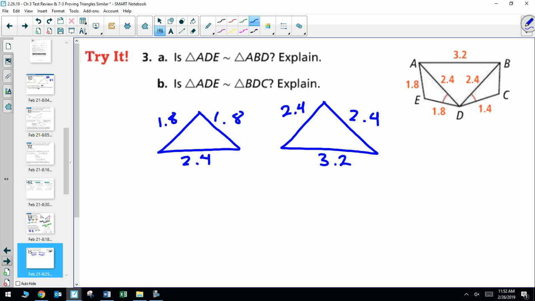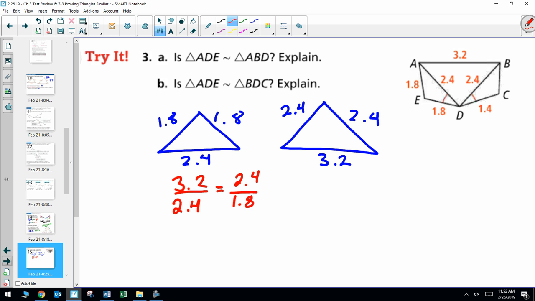So if I want to see if they're similar, I don't know any angle measurements here, so I have to just go with the 3 ratios of side lengths. 2.4 over 1.8 and 2.4 over 1.8, those are going to be the same, right? Same numbers, same ratio. So we will really want to see if 3.2 over 2.4 is going to be the same ratio as the other two.